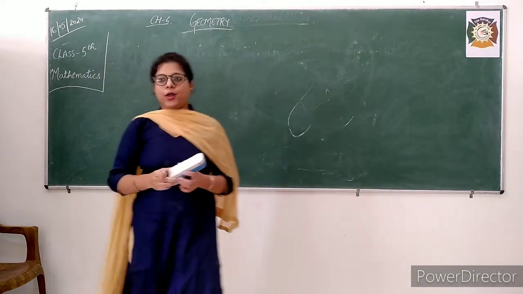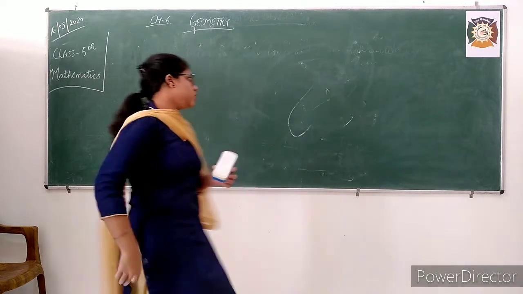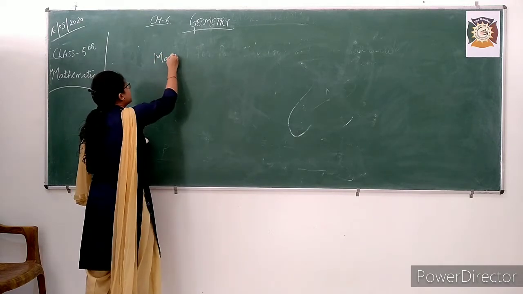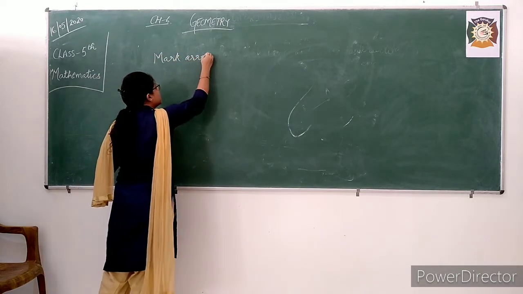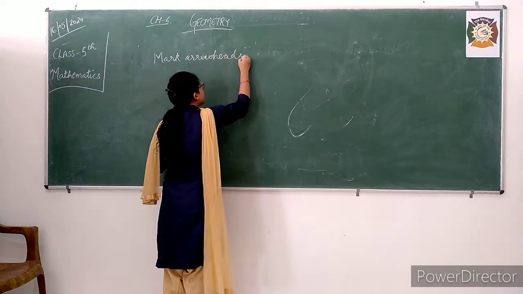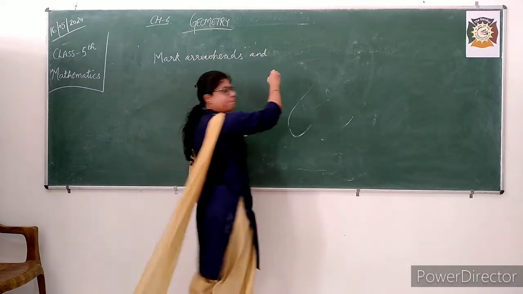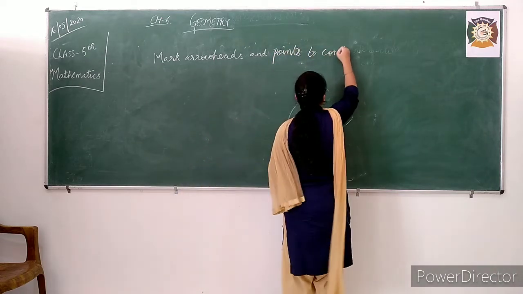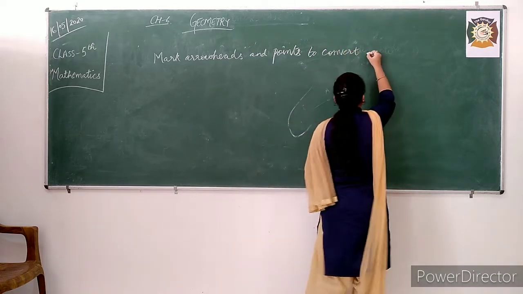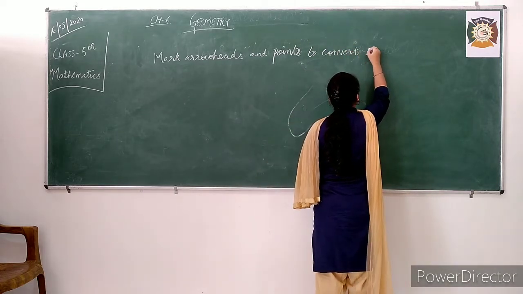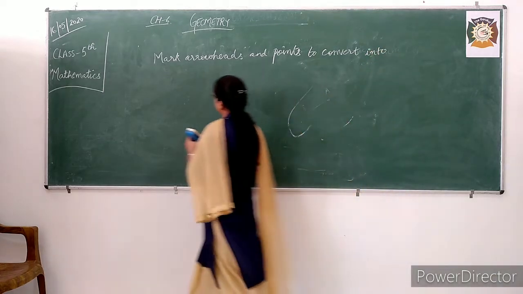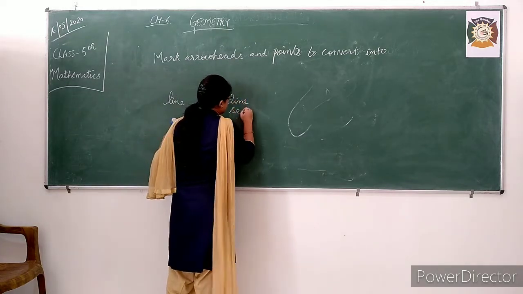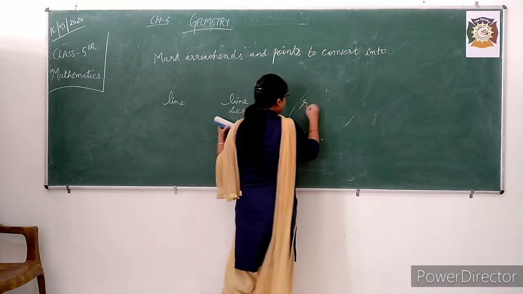You have to mark arrowheads and points to convert the given line into a line segment and ray.